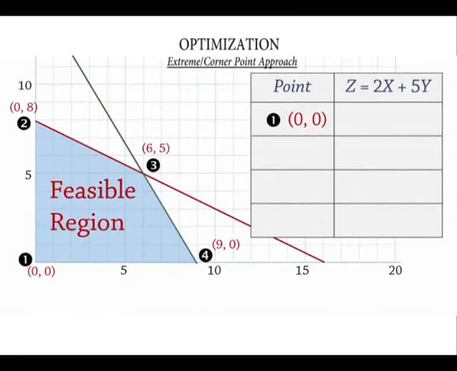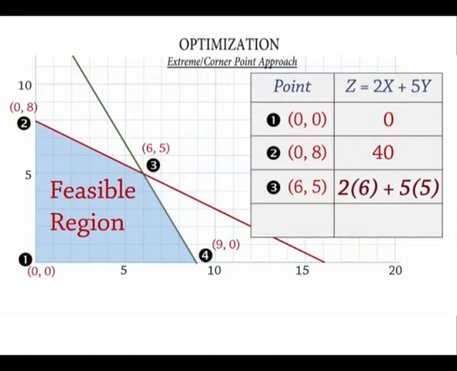At point 1, we have 0, 0, and if we substitute in the objective function, it gives us 2 times 0 plus 5 times 0, which is equal to 0. At point 2, we have 0, 8, and so the objective function value will be equal to 2 times 0 plus 5 times 8, giving us 40. At point 3, 6, 5, z will be equal to 2 times 6 plus 5 times 5, giving us 37.